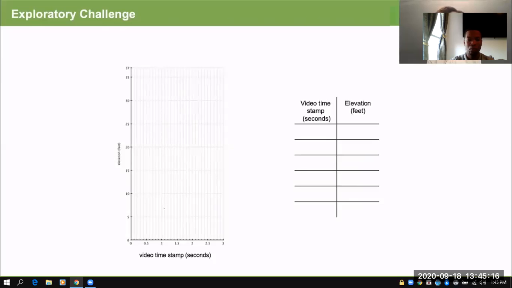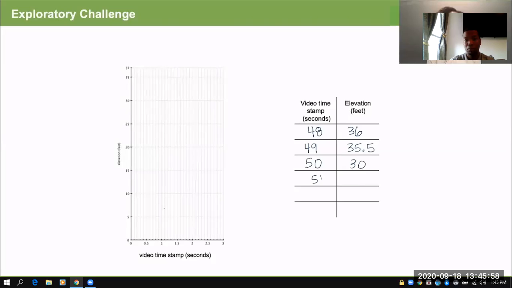We can begin by considering his initial elevation. What was his starting point? We see that at the 48-second video timestamp, the jumper's elevation was 36 feet. After advancing the video 1 second, we see that at 49 seconds on the video timestamp, the jumper's elevation was 35 1/2 feet. After 50 seconds on the video's timestamp, we see that the jumper's elevation was 30 feet.